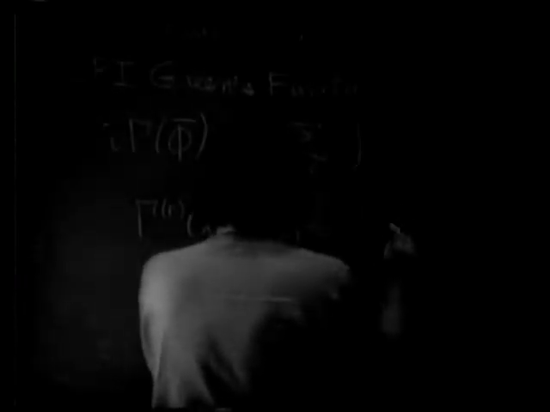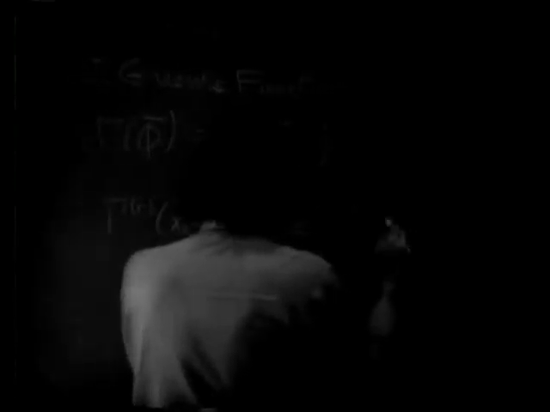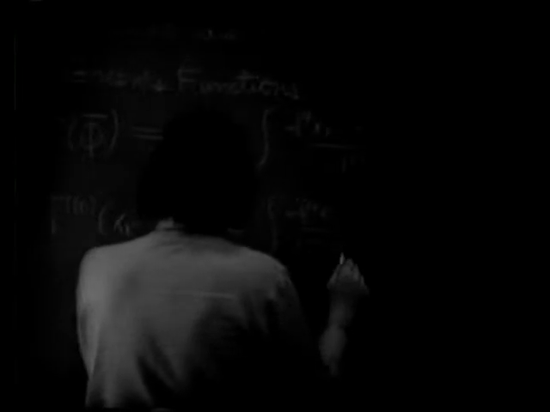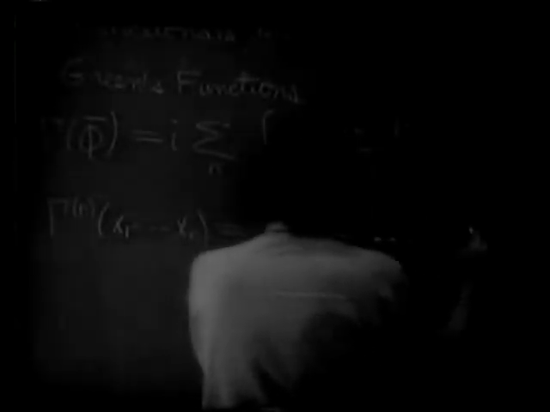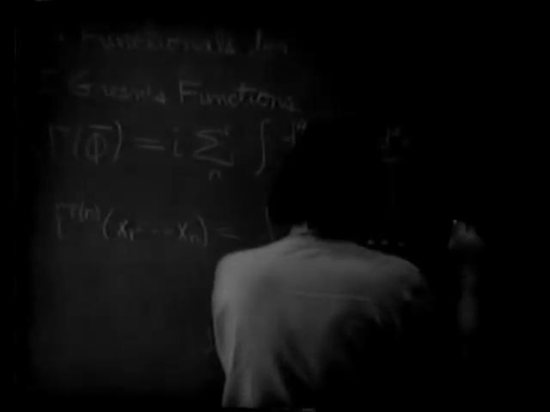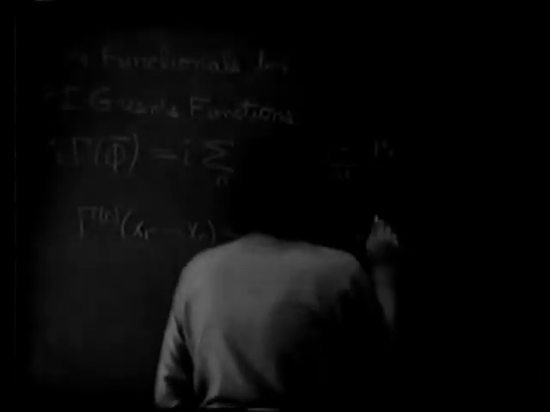equals integral d4k1 over 2 pi to the fourth dot dot dot gamma n twiddle. Well, sorry, it also should have an exponential in it. I always forget that.